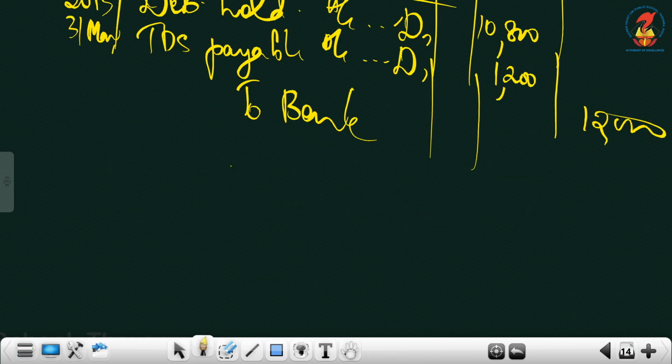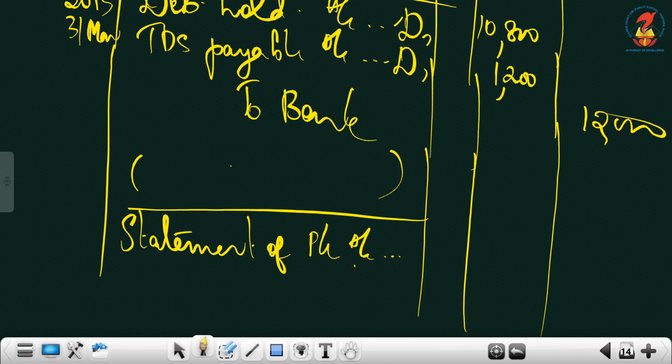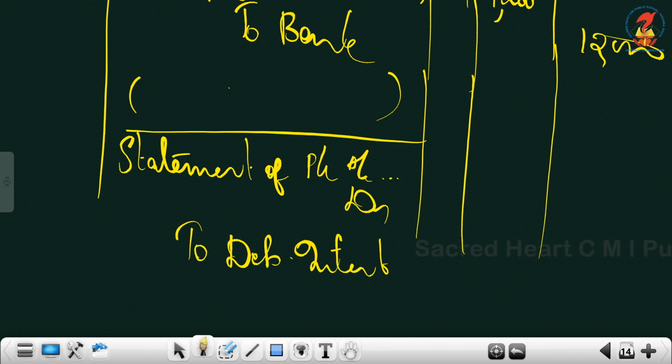Now we will close the debenture interest account. So the entry would be statement of P&L account debtor to debenture interest. How much will you write here?